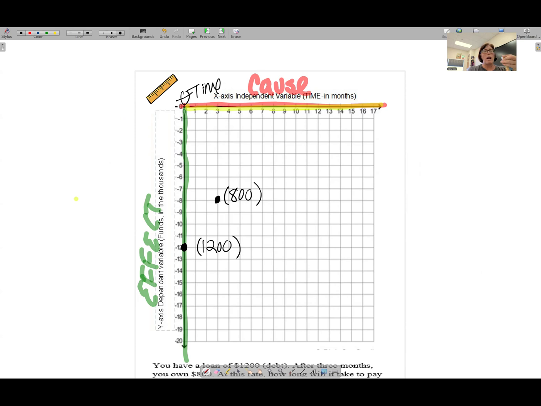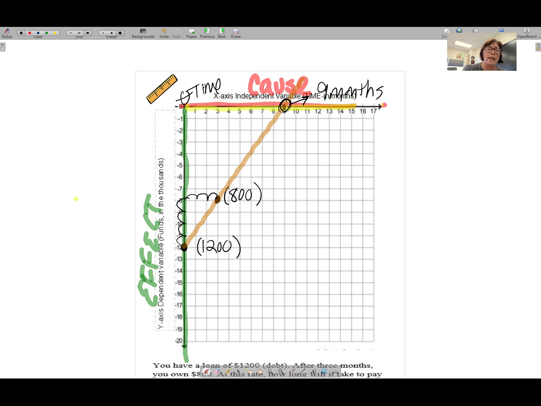We're going to physically graph it, and then we're going to check mathematically how accurate our graph was. So we get our straight edge, and we extrapolate between these 2 points, predicting where it crosses the 0 point right here, and it looks like it is 9 months to pay off this debt.